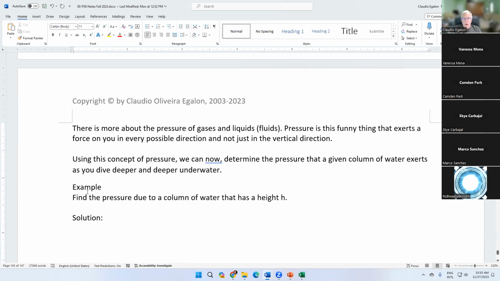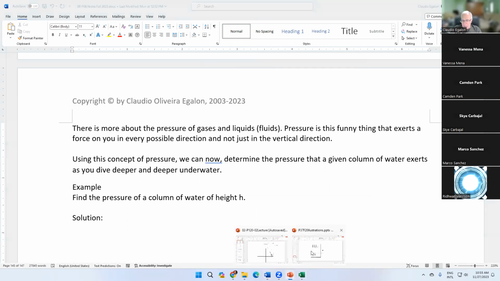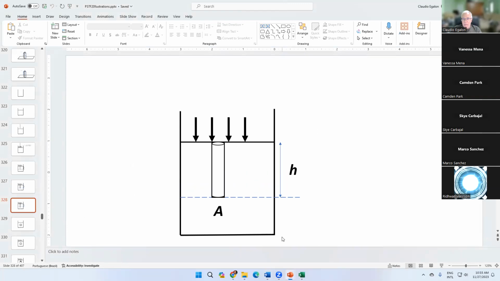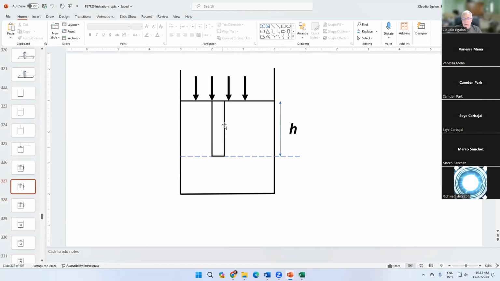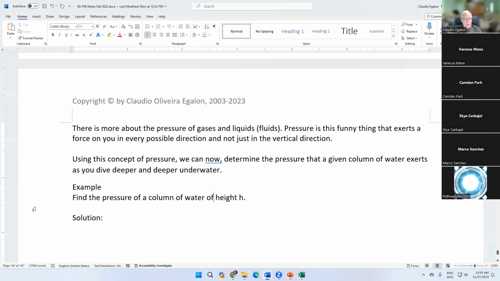Find the pressure due to a column of water at a depth. Find the pressure of a column of water of height h. Okay? That's what this problem is all about. Pressure of this column of water of height h, right? And the way we do it is start with the equation for the pressure.